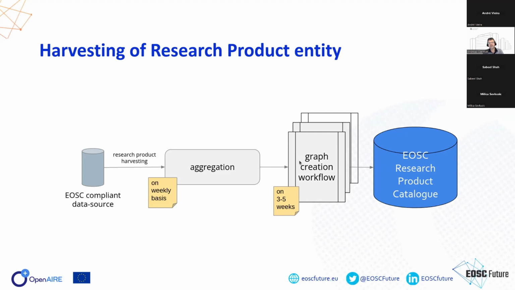And the OpenAIRE research graph is created every month and will be available in the EOSC as an EOSC research product catalog dedicated to the EOSC compliant data sources. So it takes once a month for a first integration and approval of the data source and visibility in the EOSC research product catalog.